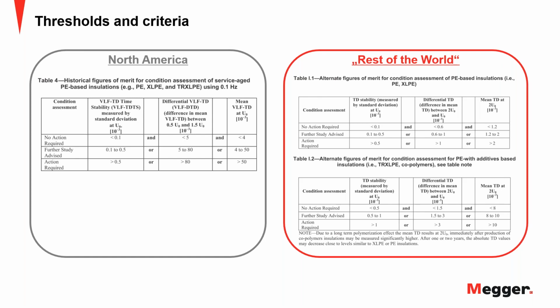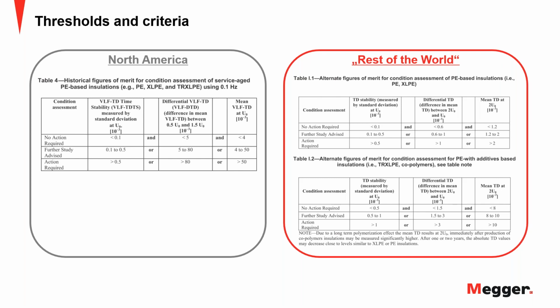On top of that, copolymer cables, as shown also by recent research and a few publications, which I didn't have time to put into this presentation here, maybe next time, pretty much verify that a copolymer cable shows a falling tan delta over life.